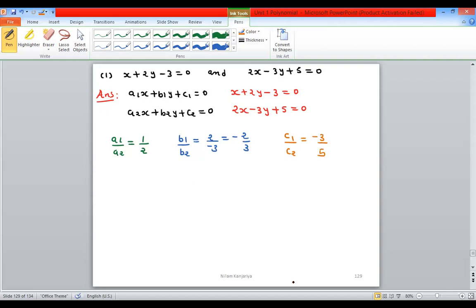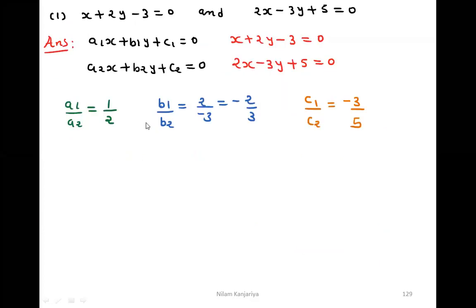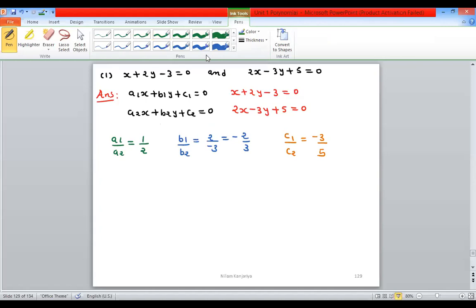So look here, we have three conditions and we check which is satisfied. The first is intersecting, when A1 upon A2 does not equal B1 upon B2. So my first condition is already satisfied here. So I simply say the given lines are intersecting and it has one solution.